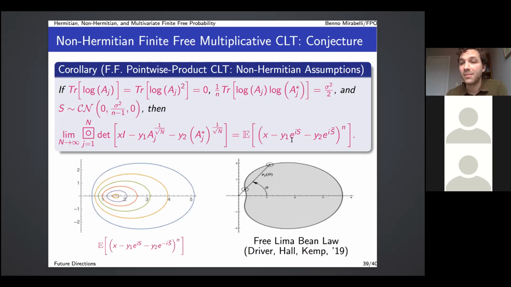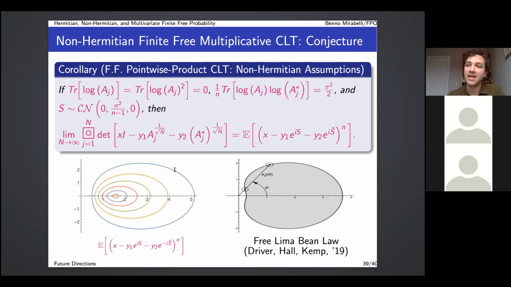And I get some limiting polynomial that has this form where I have the complex log normal distribution from classical probability here and its complex conjugate, which is kind of the form I would want, except this expected polynomial is not necessarily, or tends not to be, a non-Hermitian characteristic polynomial. Well, one observation I made is that if I just put in a minus sign here in front of, for some reason, then this expected polynomial does tend to be a non-Hermitian characteristic polynomial.